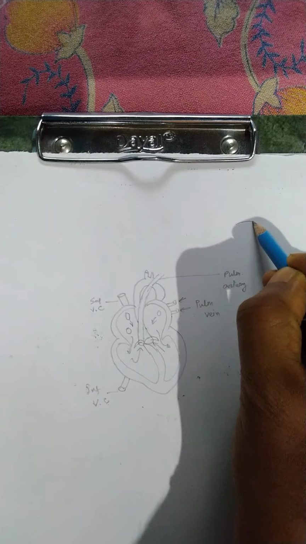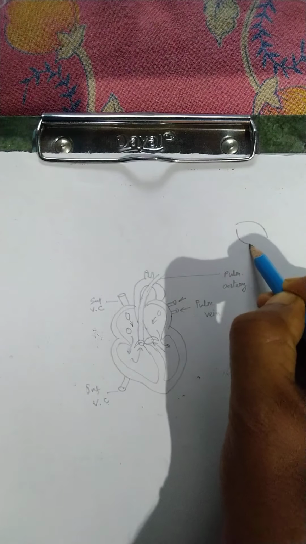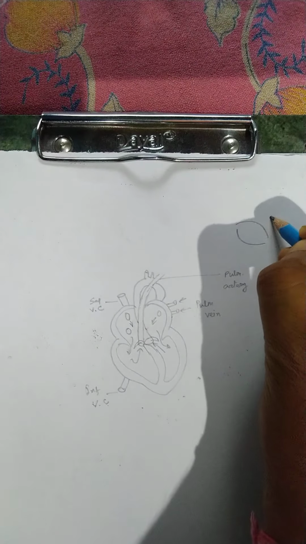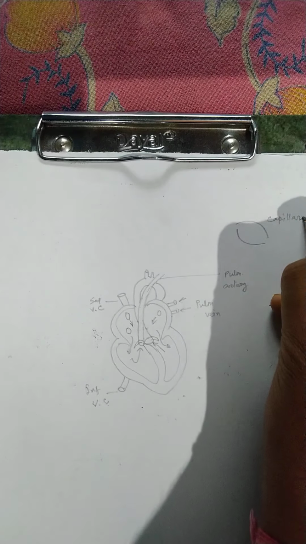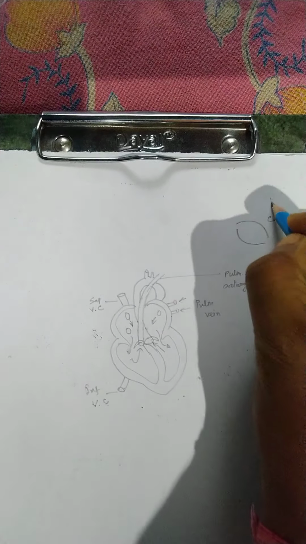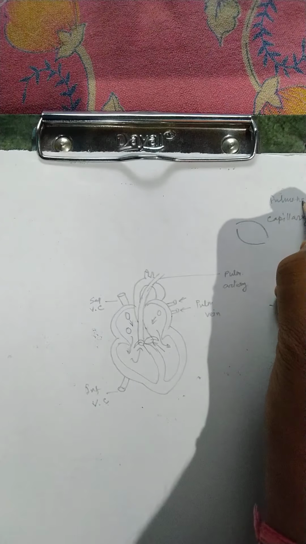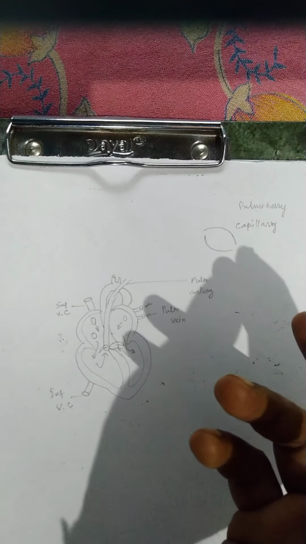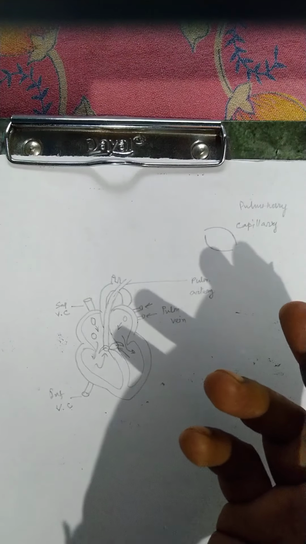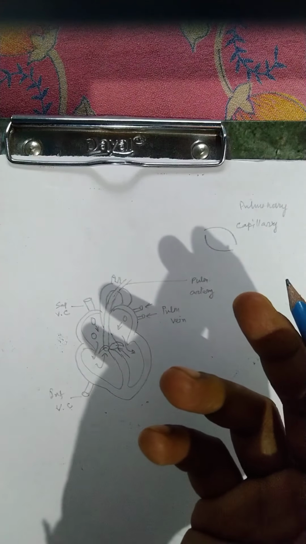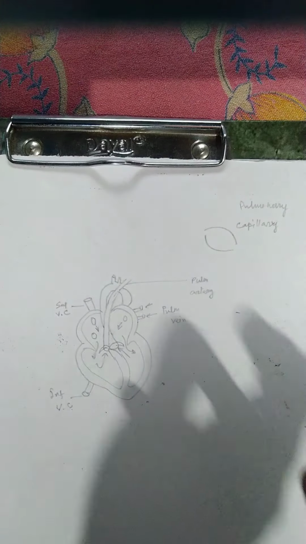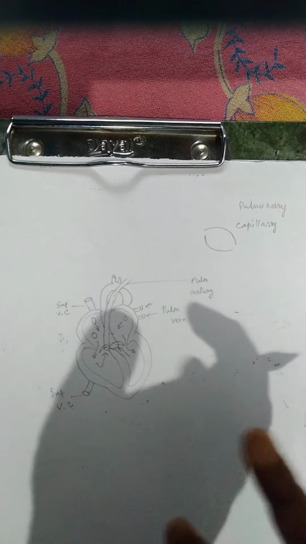Here, if we draw a pulmonary capillary. You already, I think, know that our lungs have many alveoli, and alveolar walls are full of capillaries, and that our gaseous exchange of O2 and CO2 takes place here.